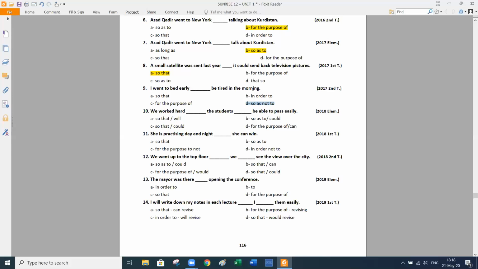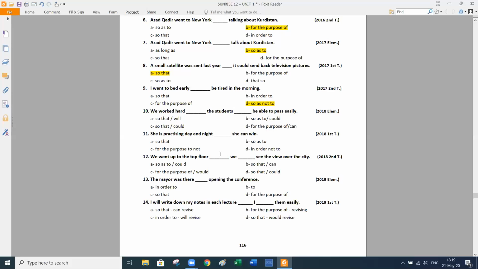Does it make sense? Do I go to bed early in order to be tired in the morning? No, of course not. So B doesn't make sense. According to the structure, it is correct, but the meaning is not correct. And D says, I went to bed early so as not to be tired in the morning. Yes, this makes sense. So I choose D as the correct answer.